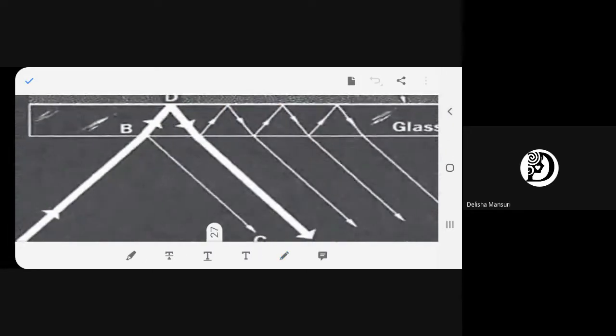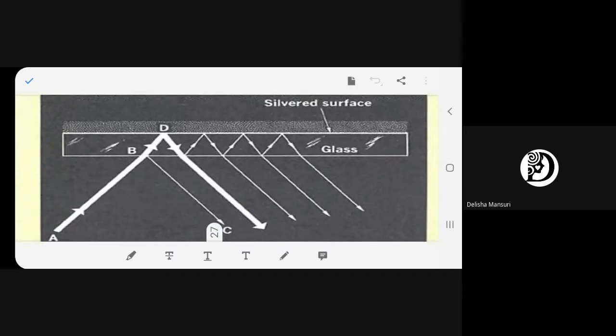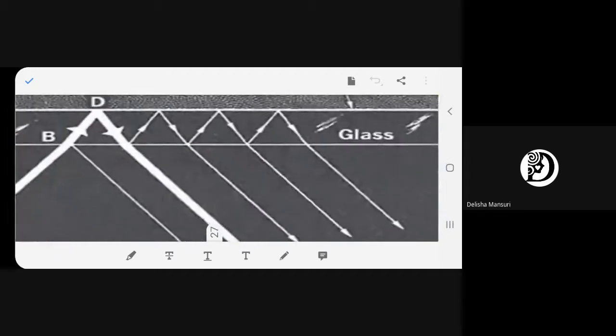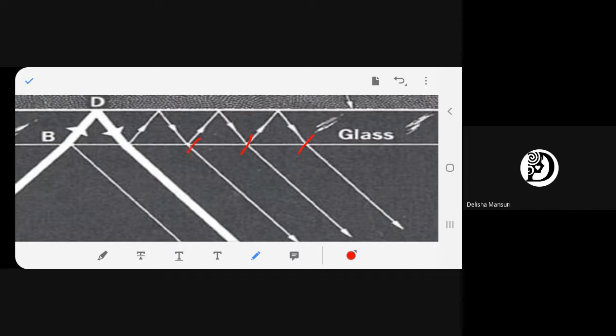See, there's a bend. All these rays are bending over here at the juncture of glass and air. Got it?